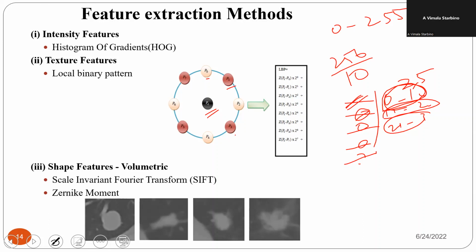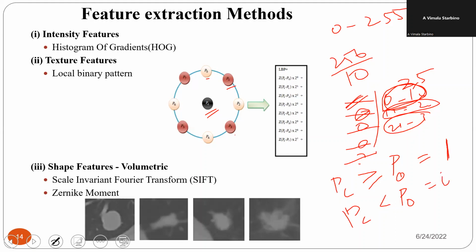We have to make a condition: if the central pixel is greater than or equal to the neighboring pixel, for example P0, then you put the value 1. If the central pixel is less than the neighboring pixel P0, then the value is 0.